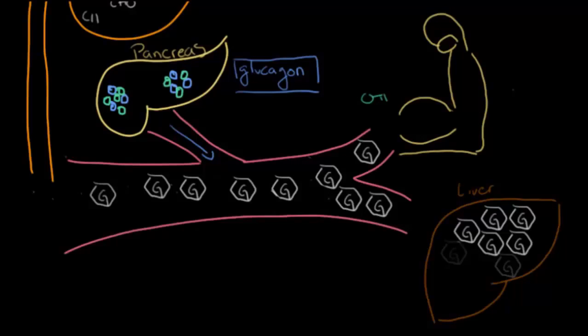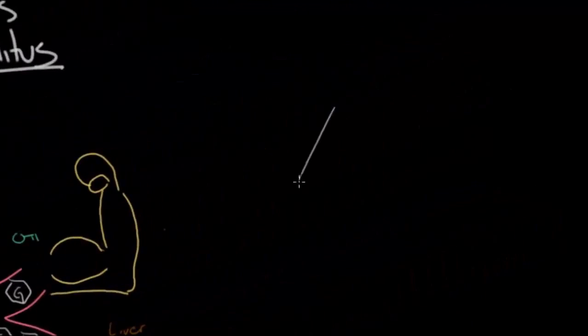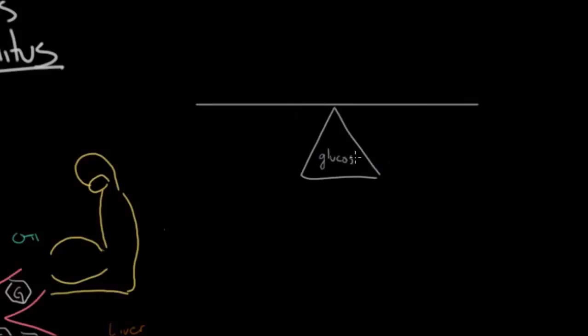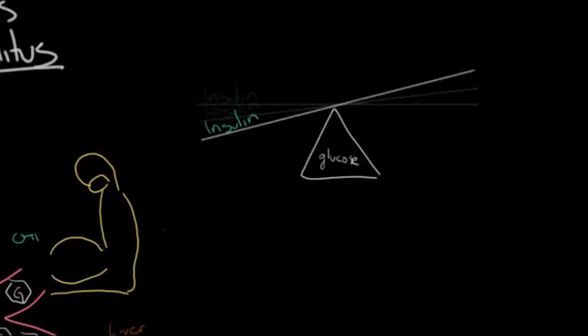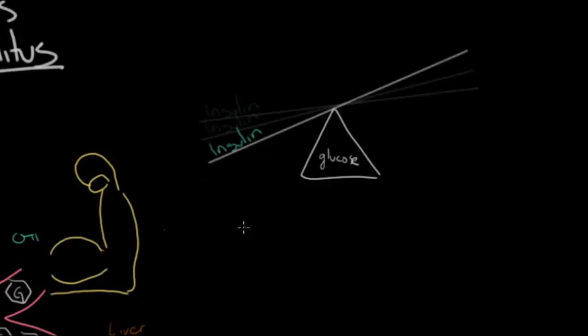So let me draw a diagram here to help you remember how our bodies maintain the blood glucose levels. So you can think of the maintenance of the blood glucose level as being a balance between insulin and glucagon. If the balance is tipped in the direction of insulin here, it will result in the unlocking of cells.